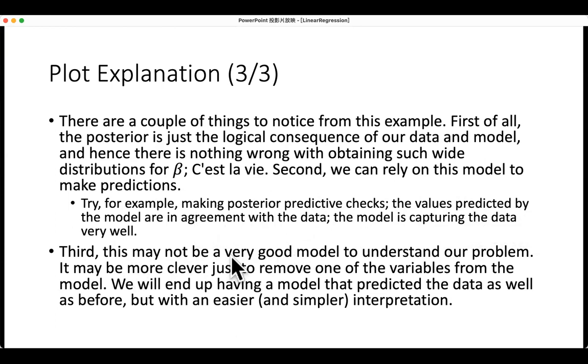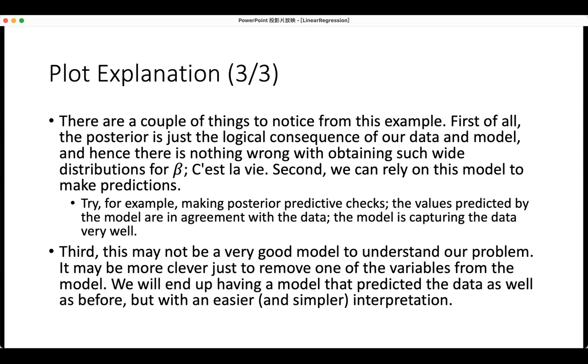And third, this may not be a very good model to understand the problem, because it may be more clever just to remove one of the variables from the model. In other words, keeping just one, maybe x1 or even x2, will be a much better model.